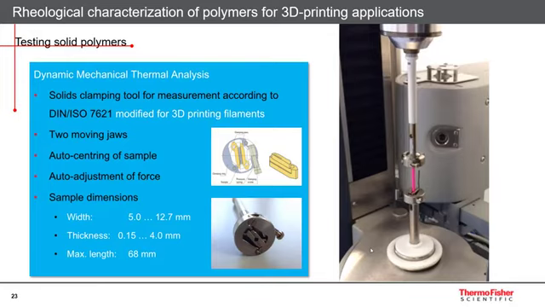But a rotational rheometer can also be utilized to perform dynamic mechanical thermal analysis, or short DMTA, on solid polymer specimen. During DMTA testing, a material is exposed to an oscillatory mechanical excitation while the temperature is continuously changed.